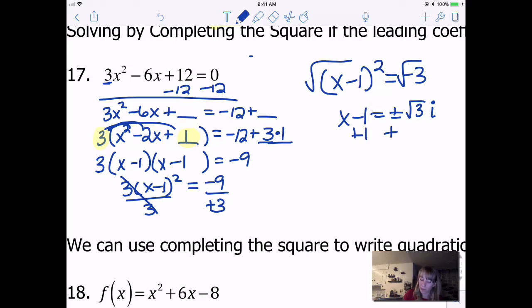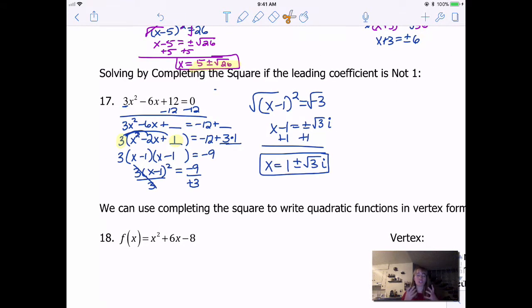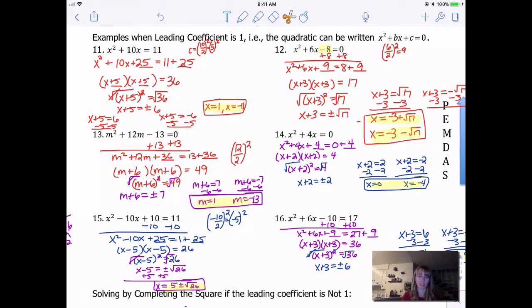Then we can add 1 to both sides, and we'll get x is equal to 1 plus or minus the square root of 3 i. So mostly I just want to show you this number 17, that we still can complete the square when the leading coefficient isn't 1. But these problems are the ones that I need you to know, like for your test.